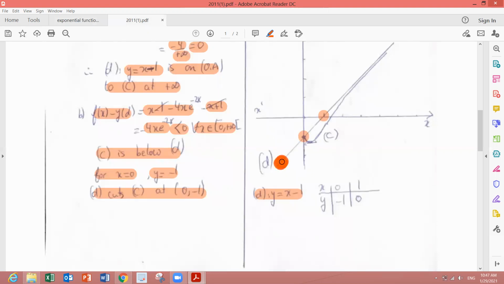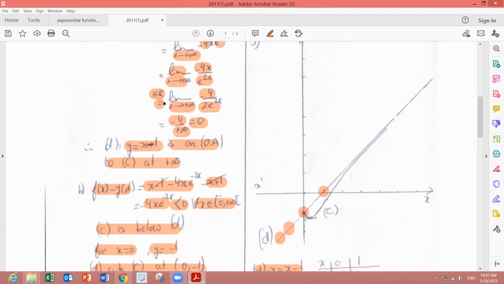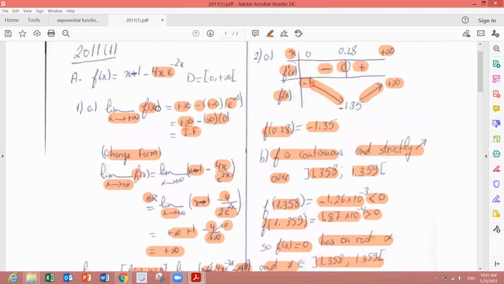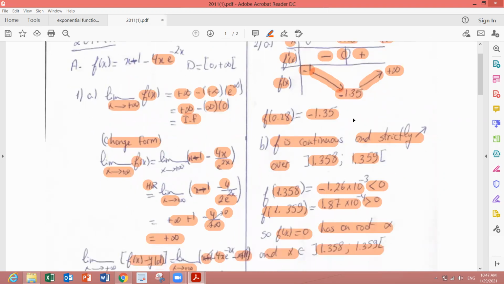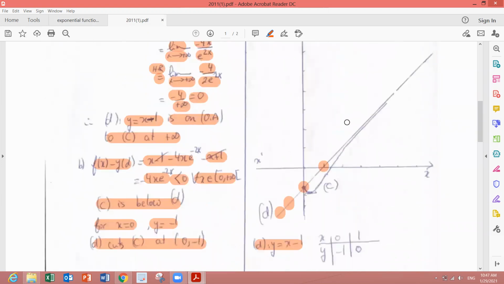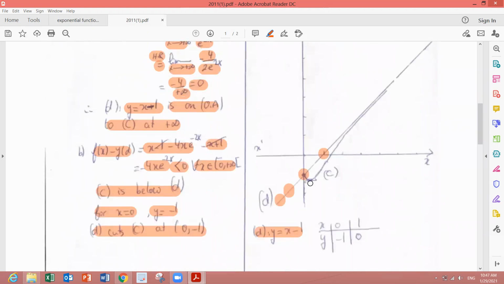Then we draw this line. This is the oblique asymptote. Now we locate the minimum. The minimum point is (0.28, minus 1.35). 0.28 minus 1.35 is here.